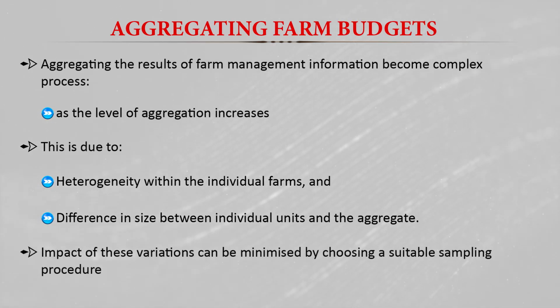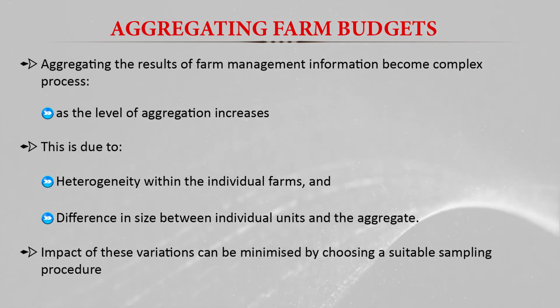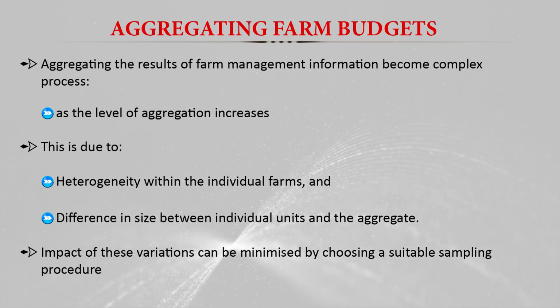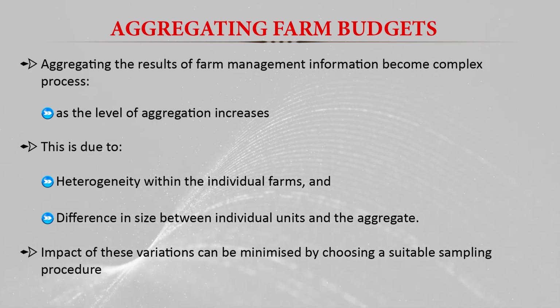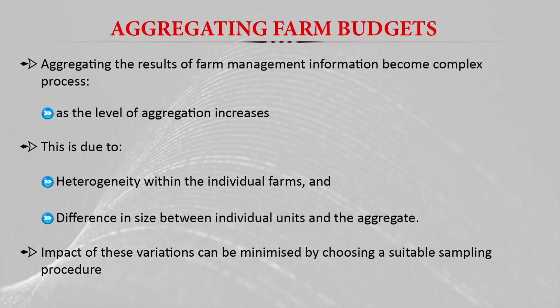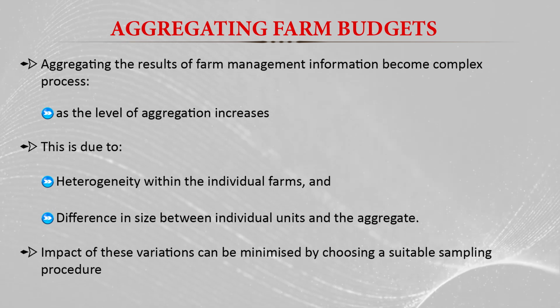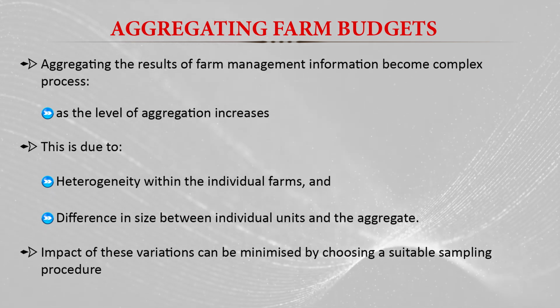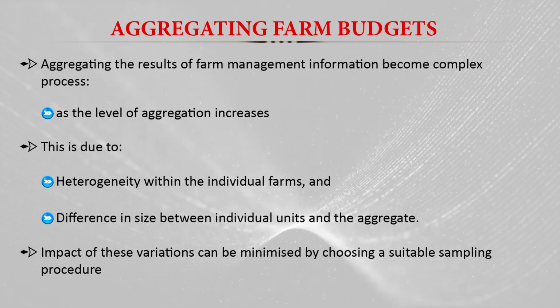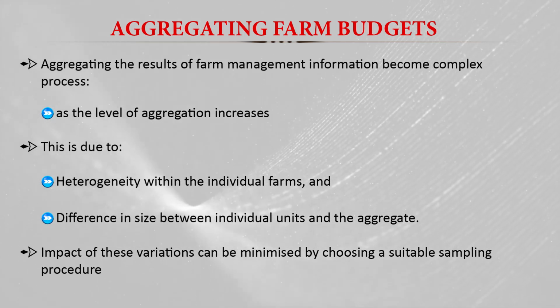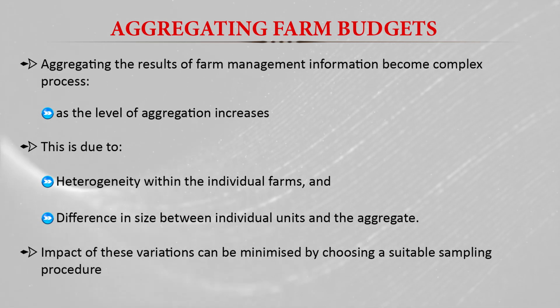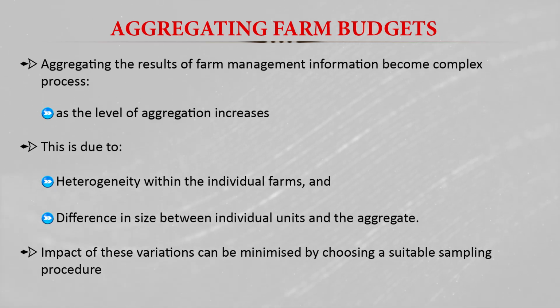The impact of this variation can be minimized. There is a lot of variation in farm category or farm size, so we can minimize these variations by choosing a suitable sampling process. When we conduct the survey of the different sizes of farms to have an aggregate measure of the project output, if we follow a proper sampling procedure, we can minimize this variation.